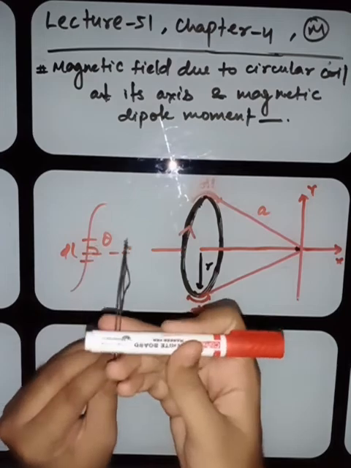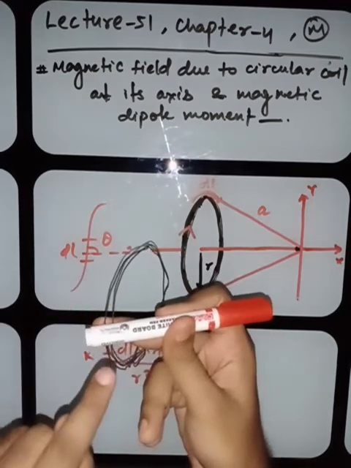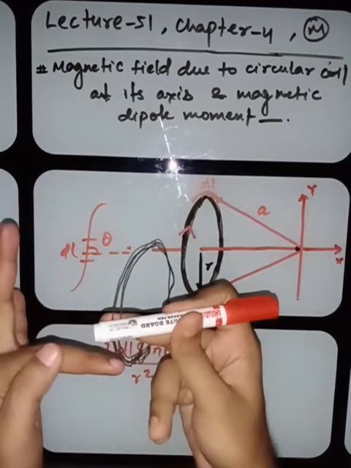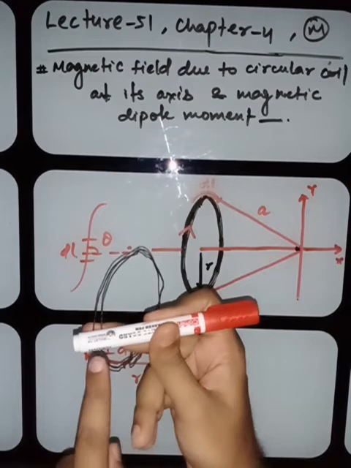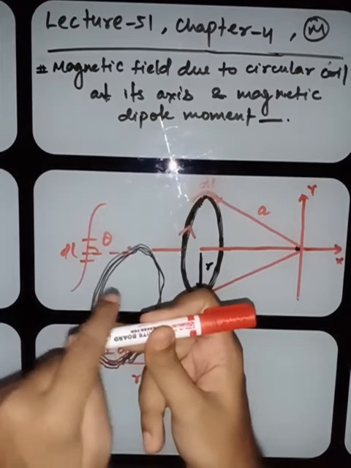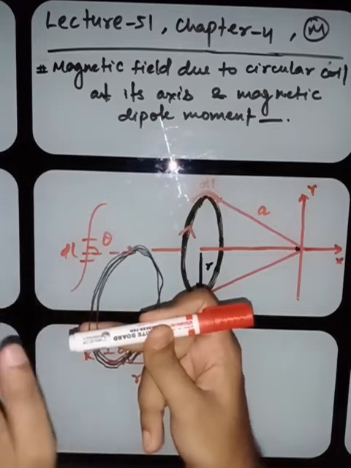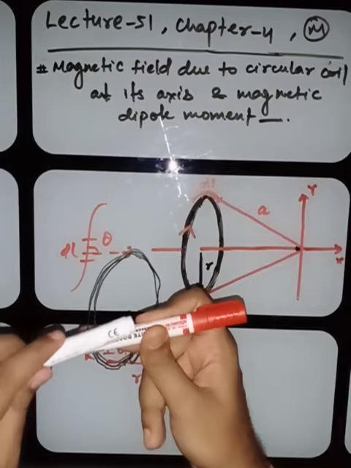If DL is, let me clarify, if DL is in this direction, and this is the R, so what will be the angle between DL and R? That is A. This is A and this is DL. So you can see it is the angle 90 degree. Alright, this one is the 90 degree.